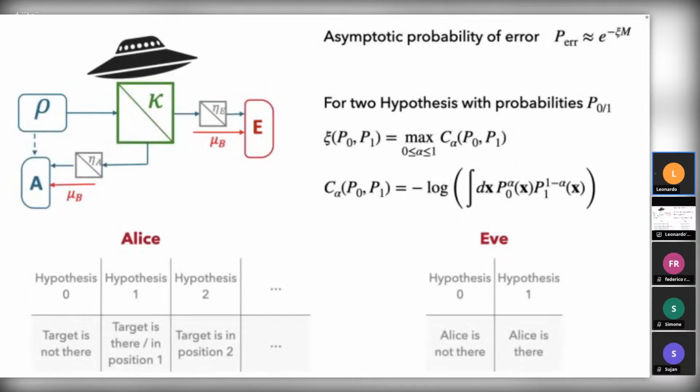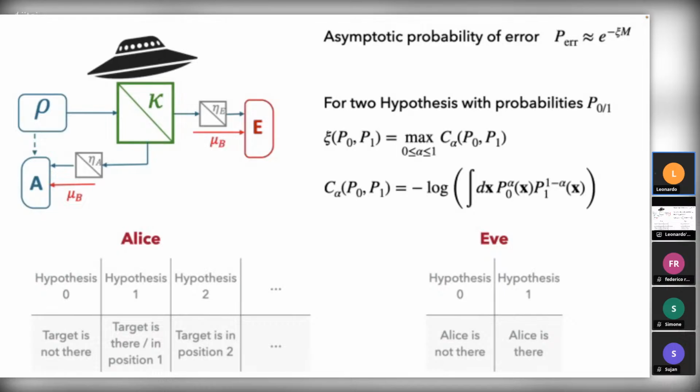Hypothesis 0 is that the target is not there, so there is no enemy, no UFO. Hypothesis 1 is that the target is in some position 1. Here you discretize the space, and hypothesis 1 is where your target is, I don't know, somewhere over Palermo or over Catania or somewhere else. Hypothesis 2 is that the target is in another position. So this is the hypothesis test on Alice's side.